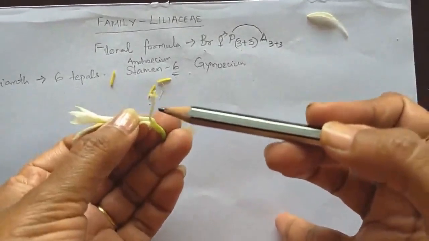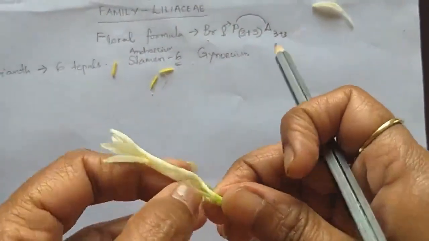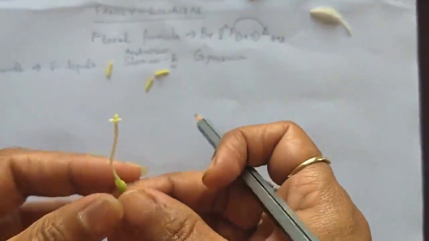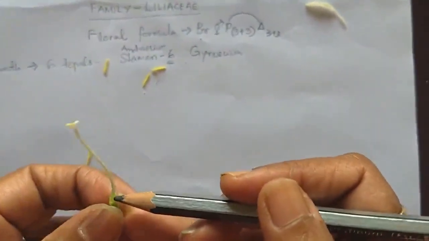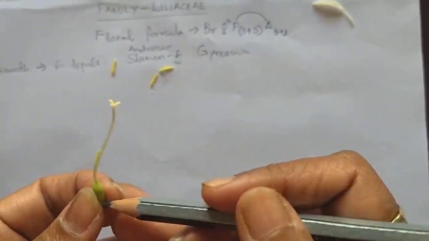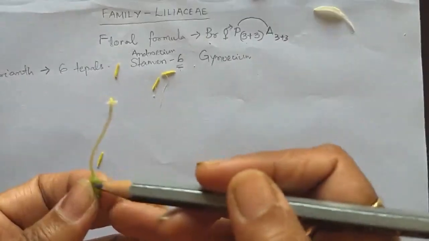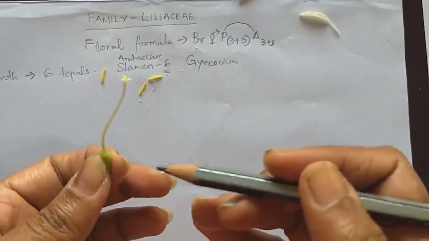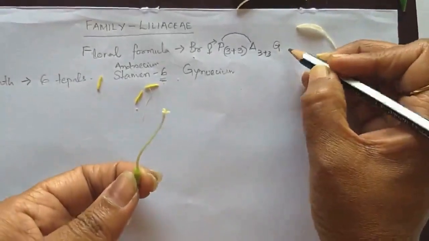The stigma is trifid, and a long style is present, and here is the bulbous ovary part. As you can see, all the other whorls remain below the level of the ovary, arising from here, that is why the ovary is said to be superior.